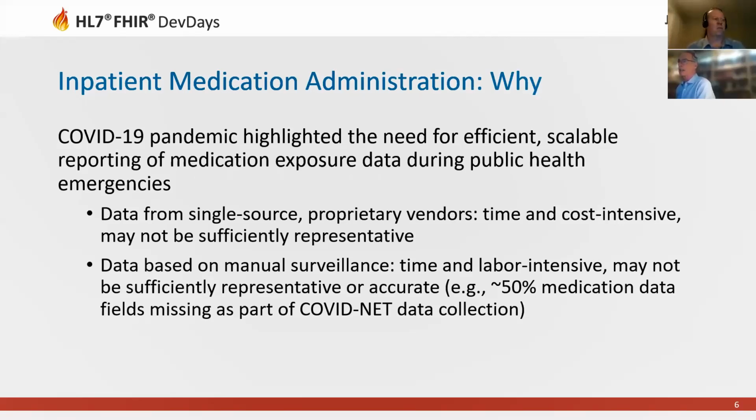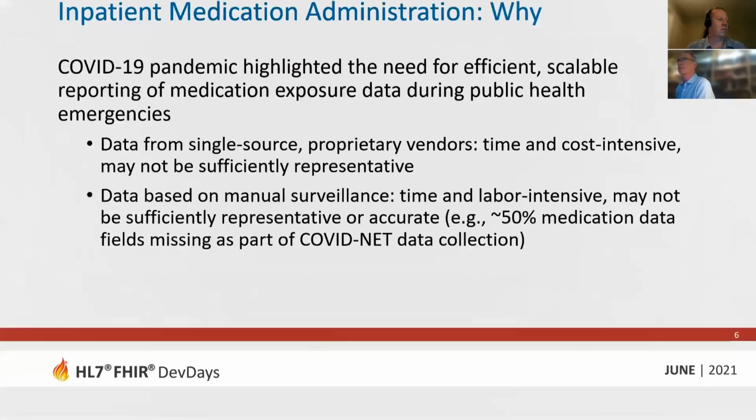And the data that we're keenly interested in are based on surveillance, which has potentially manual implementation, but that's time and labor intensive, and it may not be sufficiently accurate or representative. So we really are focused on using NHSNLink as part of a data automation strategy.